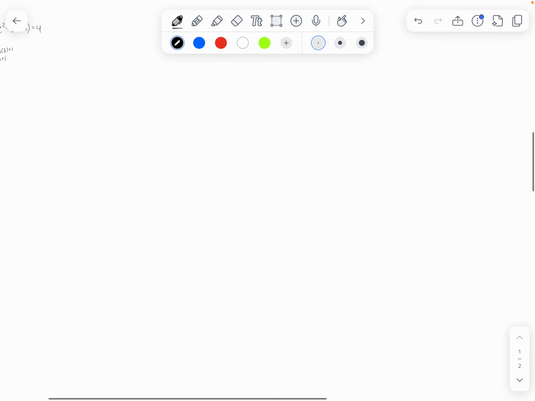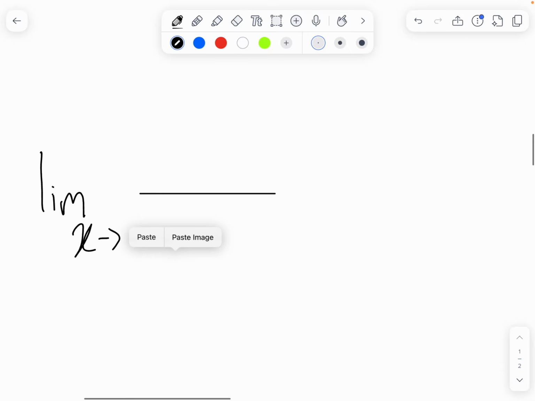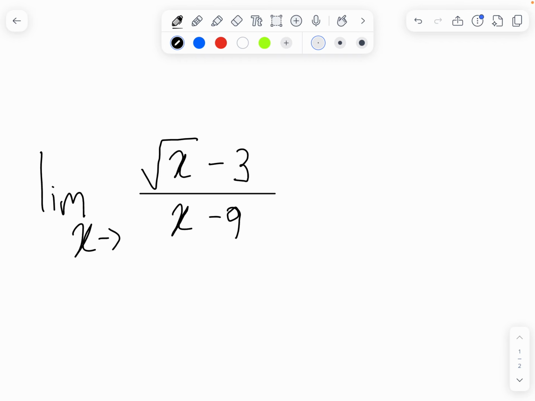Oh, what is the limit as x approaches 9 of the function the square root of x minus 3 over x minus 9? Pause the video and solve that question.